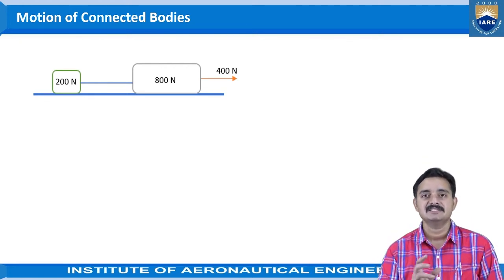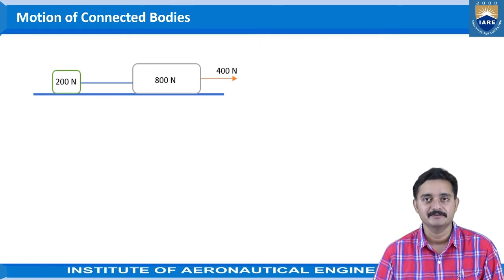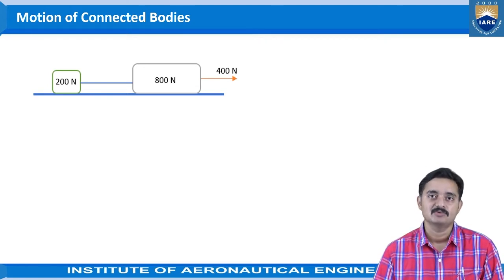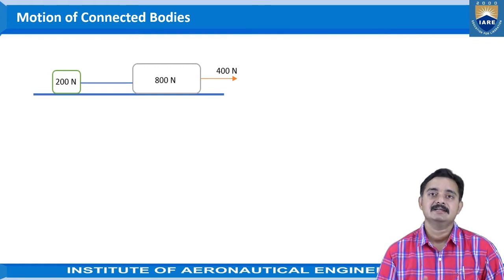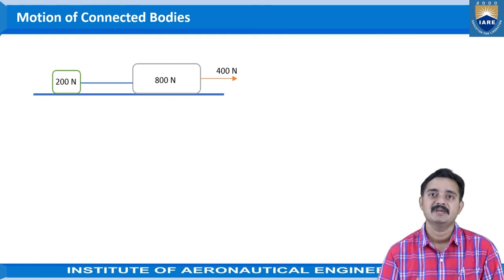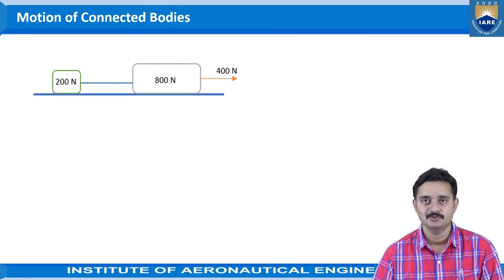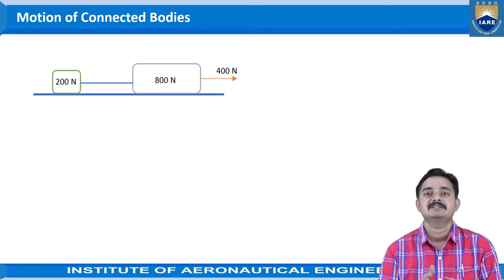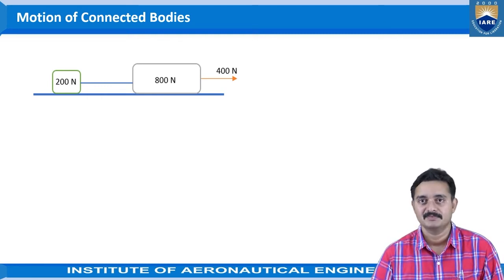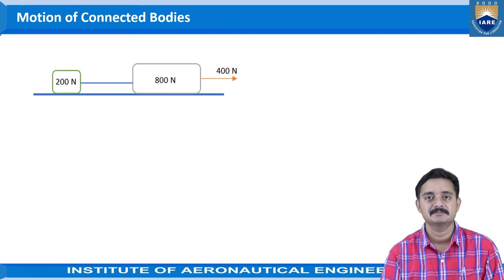That means a system will be in dynamic equilibrium with the inertia force. So the resultant force and the inertia force, that is minus MA, combined will be 0. The resultant will be equated with the inertia force. That's what D'Alembert's principle states.